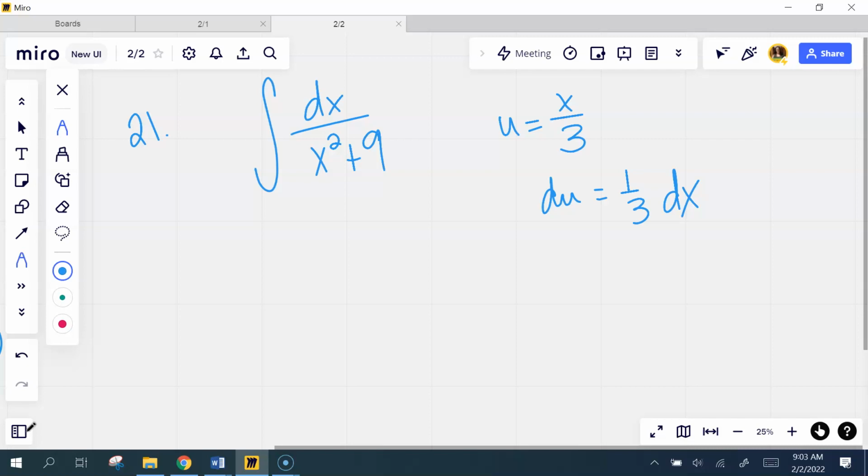But then they have the x squared is 9u squared. Is this not the one that's 1/3 inverse tan x over 3 plus c?